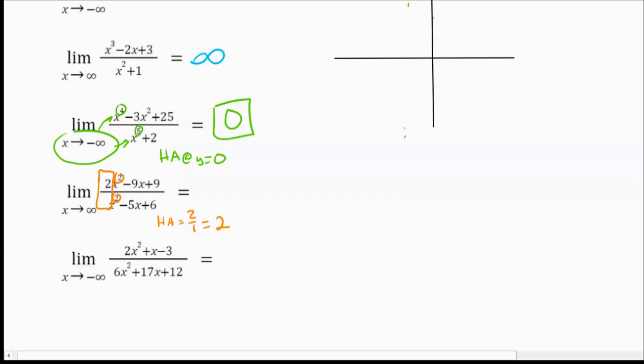So our horizontal asymptote on this one's going to be at +2. We have some sort of vertical asymptote somewhere, and it doesn't really matter, because as we approach positive infinity, my y value is still going to be approaching this horizontal asymptote, which is at 2.